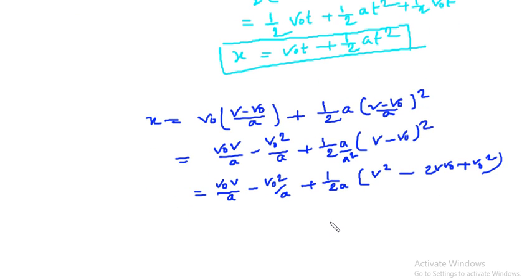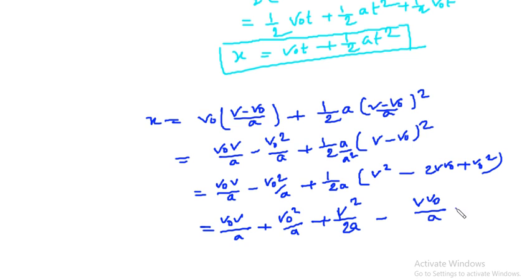So if we simplify this, what we are getting is V0 V by a minus V0 square by a plus 1 by 2a, V square by 2a minus V V0 by a plus V0 square by 2a.